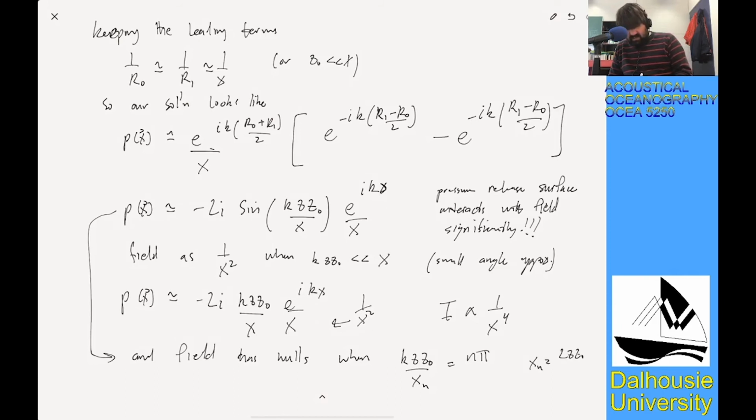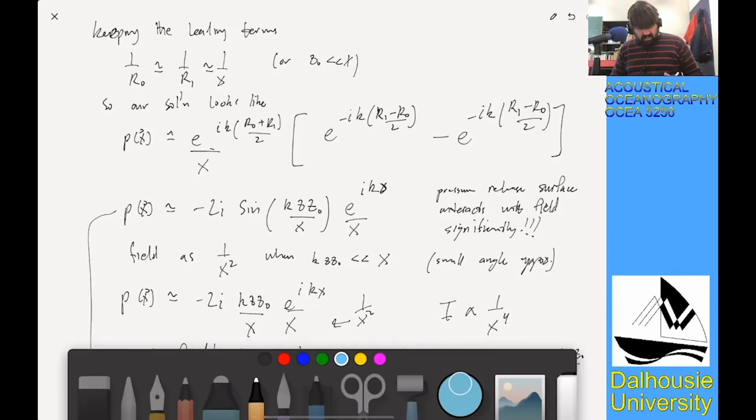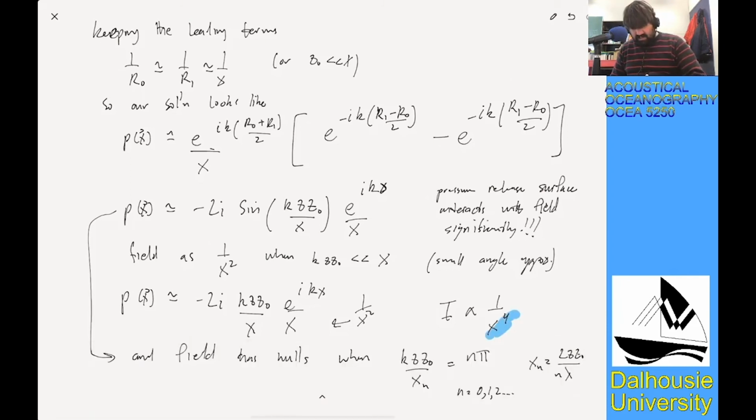Okay, very simple. And lambda, right? And n can equal 0, 1, 2, etc. So we have a whole series of these nulls. So these 2 points here are really going to help us sketch what the field should look like, right? So we have these nulls here.